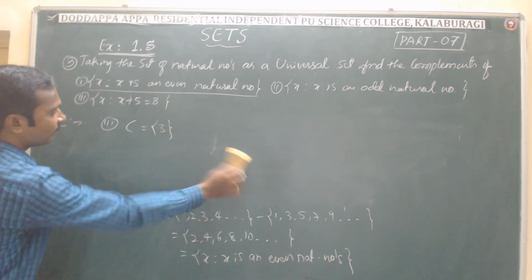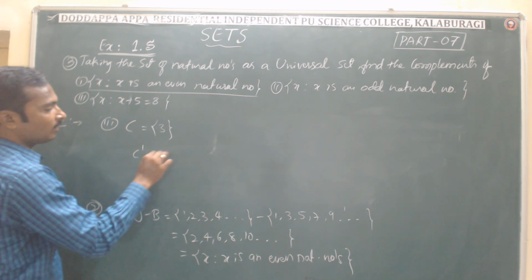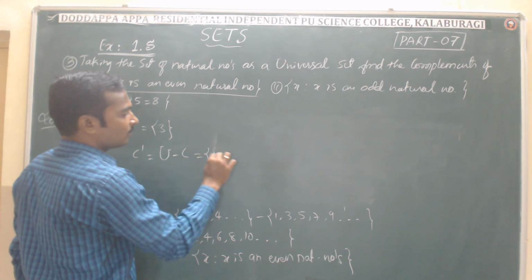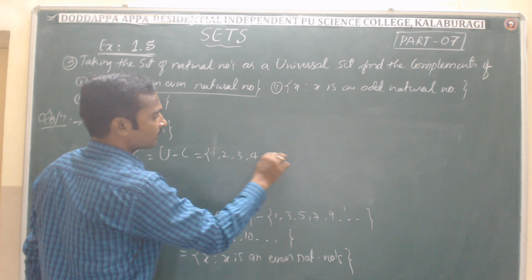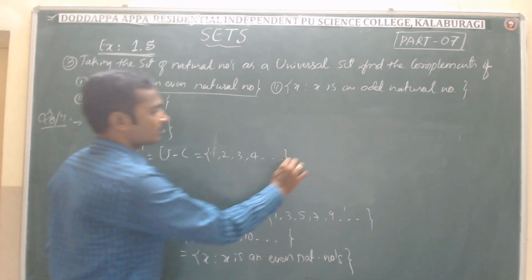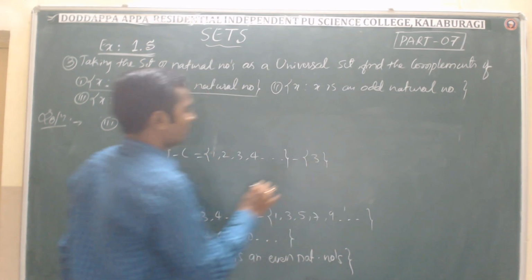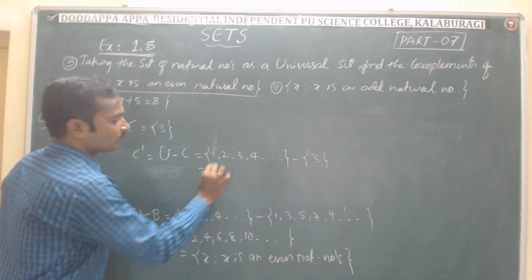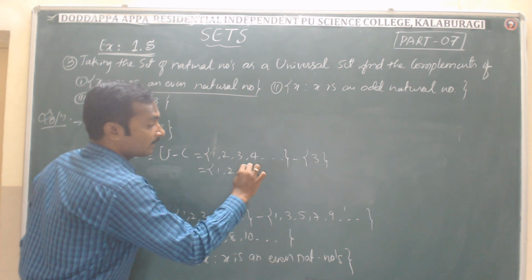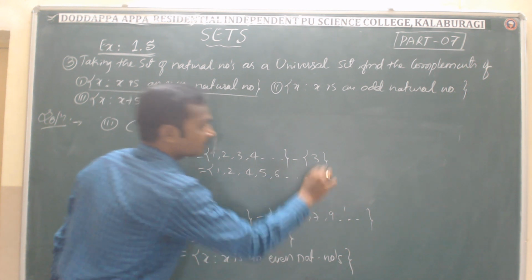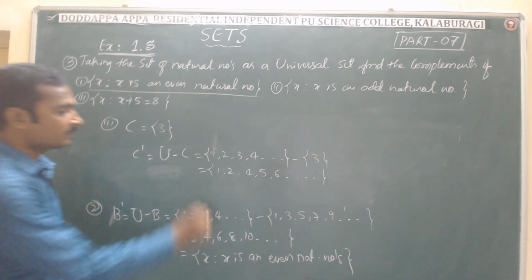Therefore, what is the C complement? C complement is the universal set minus the set C. What is the universal set? It contains the set of all natural numbers 1, 2, 3, 4, 5 and so on, minus the set C, which contains 3. It means the resultant set contains all the numbers except 3. How do we write this?